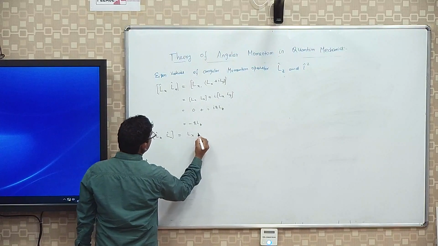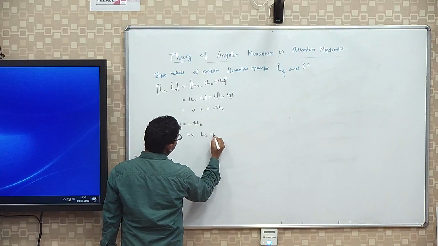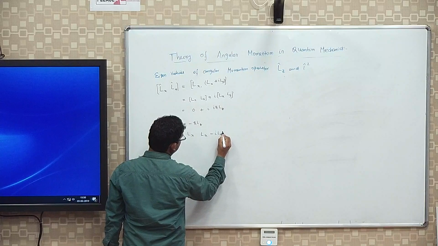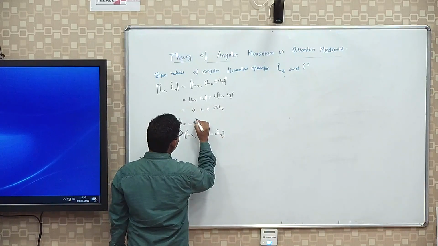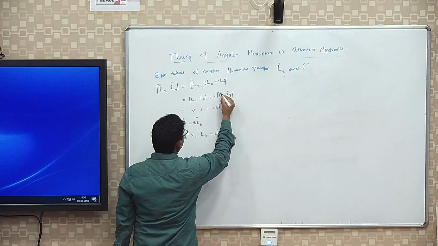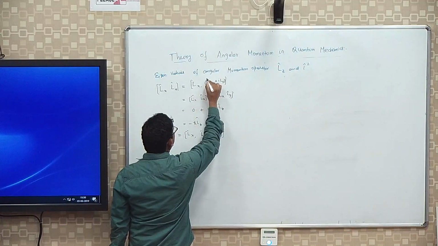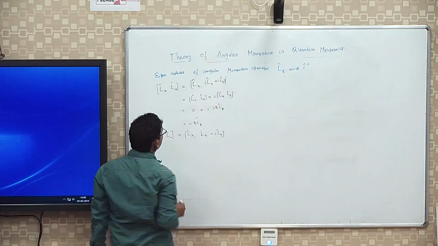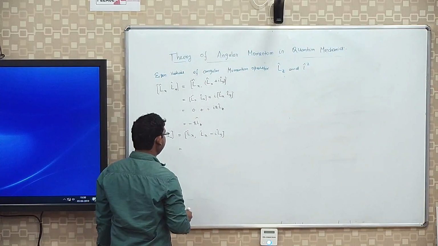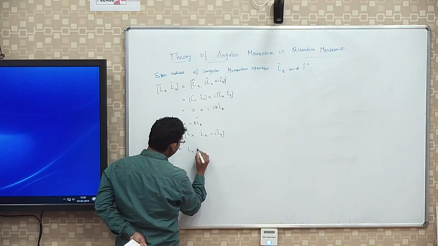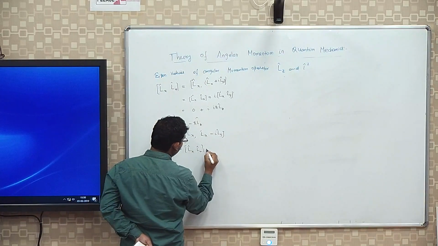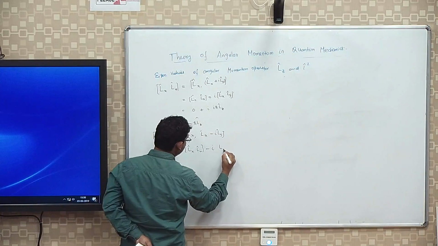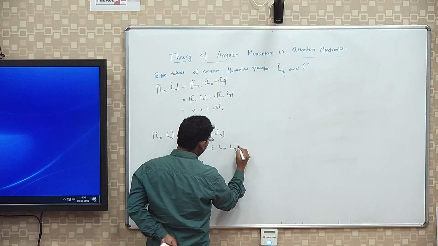And Lx commute with L minus, again Lx with Lx minus i Ly, then again self commutation, Lx will become 0, minus i Lx Ly.